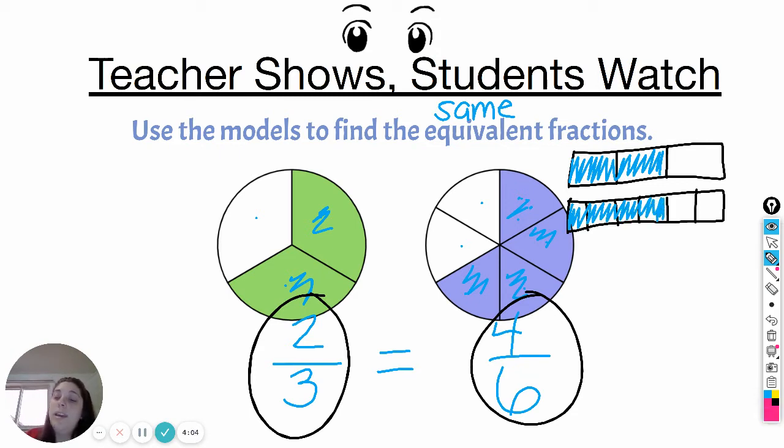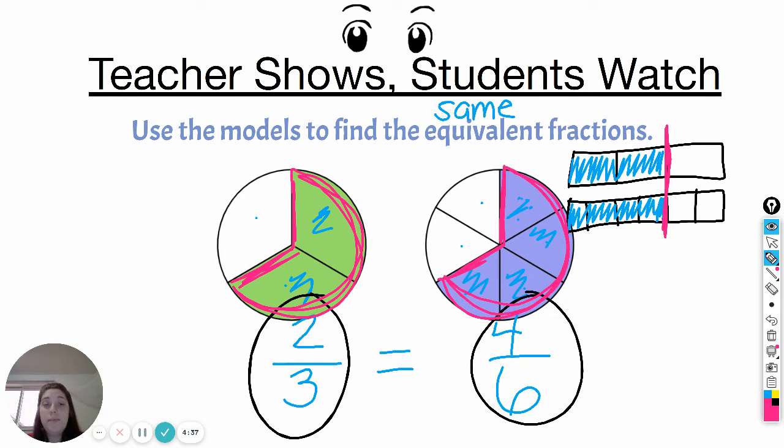And you can see that they come to the same spot. Okay, they line up, they are equal or the same. So when we say 2 fractions are equivalent, we mean that they equal the same thing. Okay, as you can see, this part that's shaded and this part that's shaded are the same.